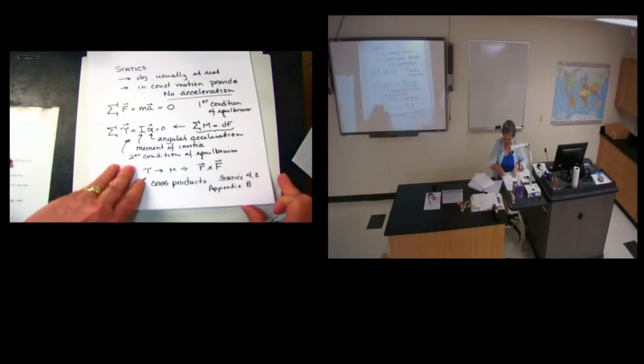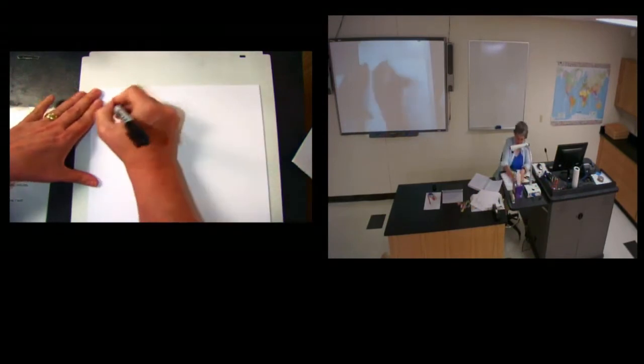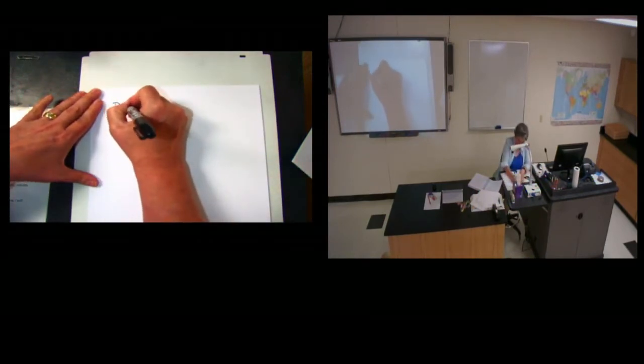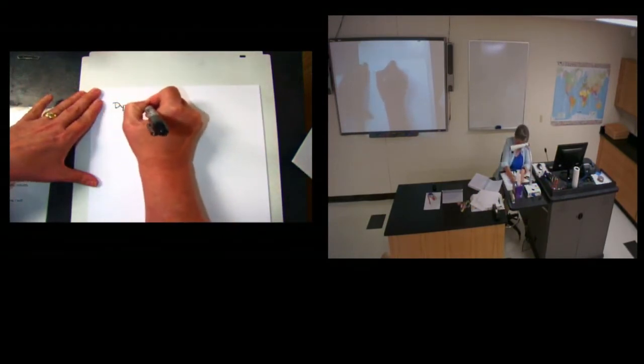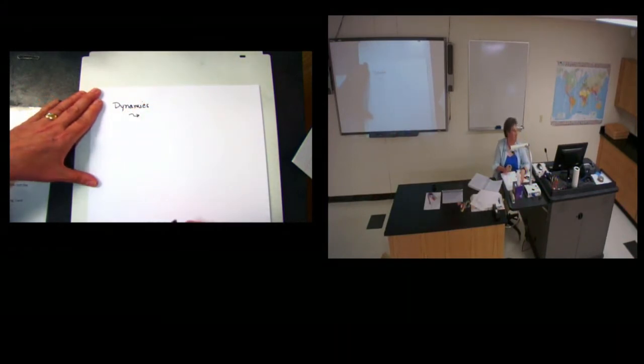And if you guys remember, that gave rise to equations like this: v squared is equal to v initial squared plus 2a times the change in position. We had v is equal to v initial plus at, and we had a change in position which is equal to v naught t plus 1/2 at squared.